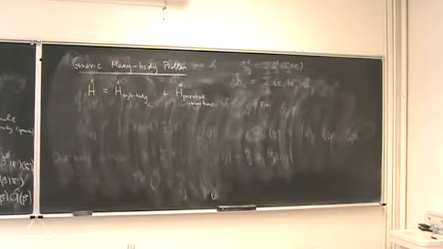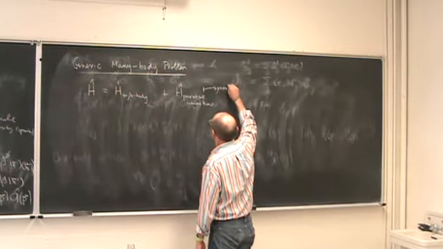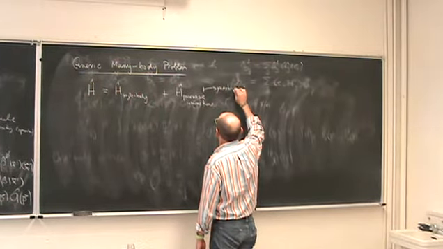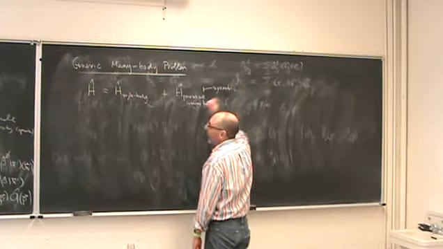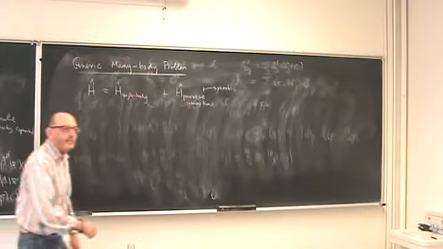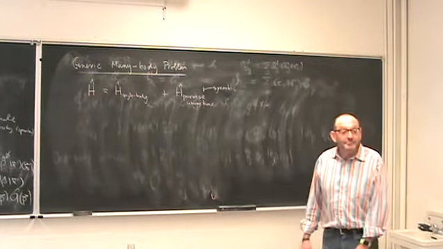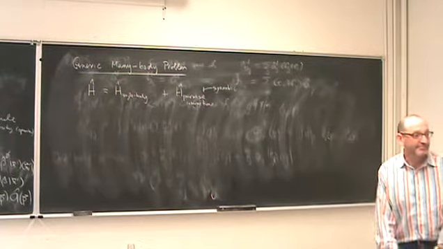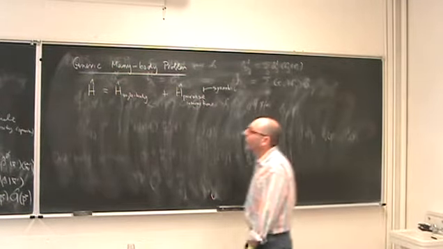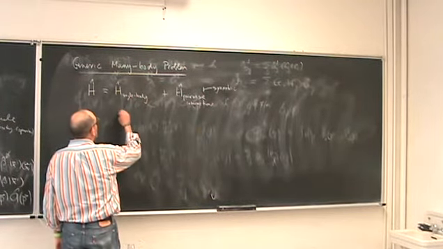Okay, so this is my typical form, and I'm assuming that these pairwise interactions are symmetric. In other words, it doesn't matter which two, the form of the Hamiltonian is the same. We've seen examples like this. For example, if I thought about an atom with lots of electrons, then what are these Hamiltonians? Well, the single body Hamiltonian would be the following.